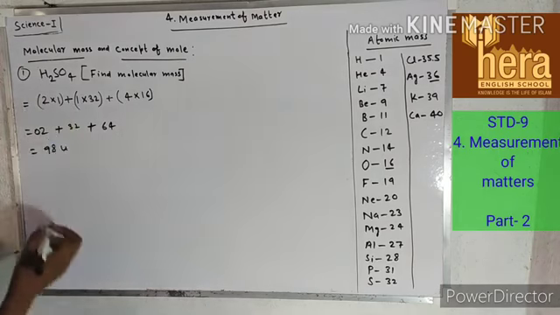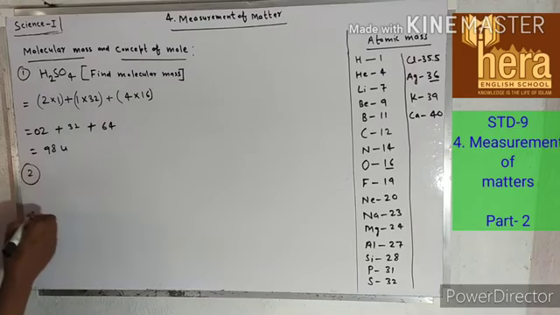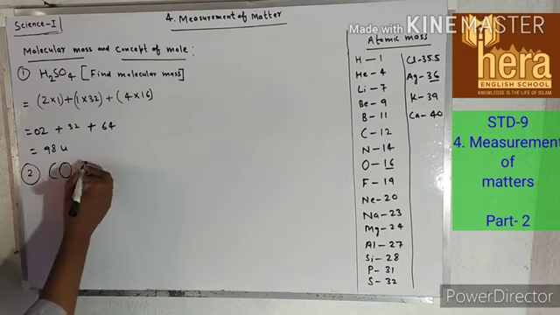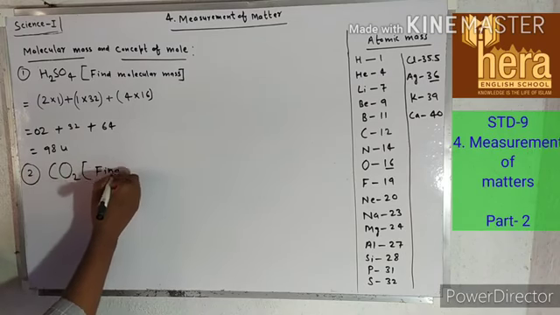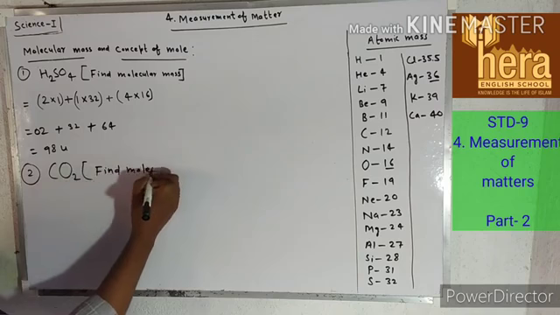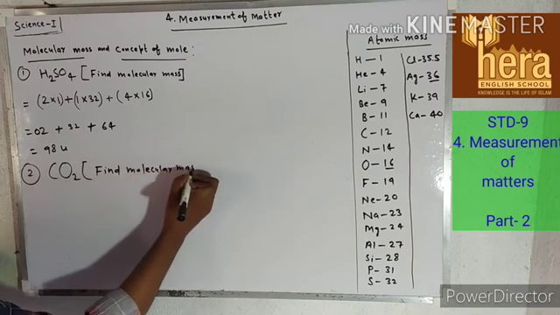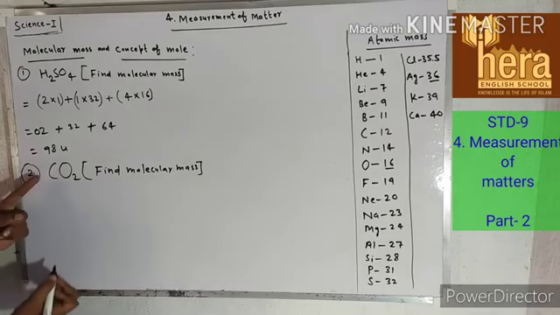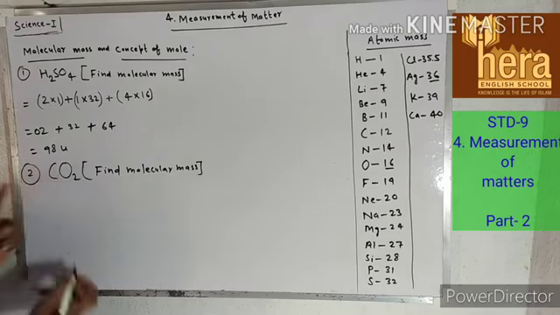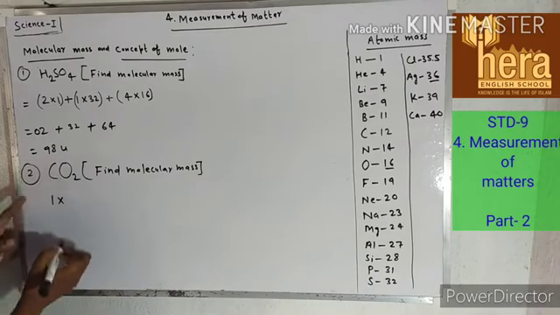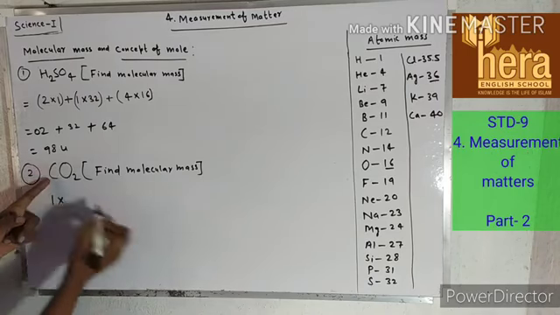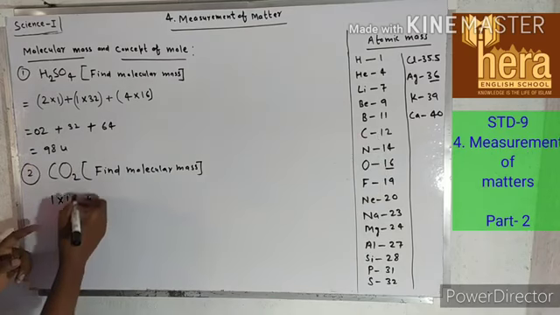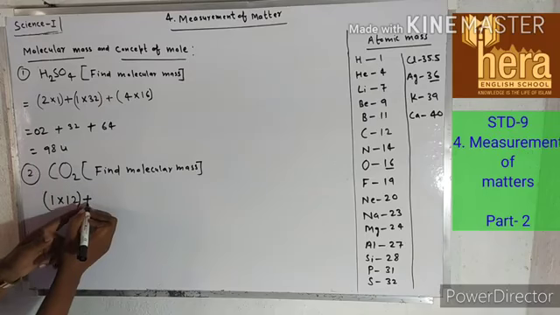I will take one more example. If I say find the molecular mass of carbon dioxide, CO2. Same one, find molecular mass. Okay? So again what you will do, here carbon atom is 1, so write here 1 into the atomic mass of carbon, which is 12. So we will write 1 into 12 plus.